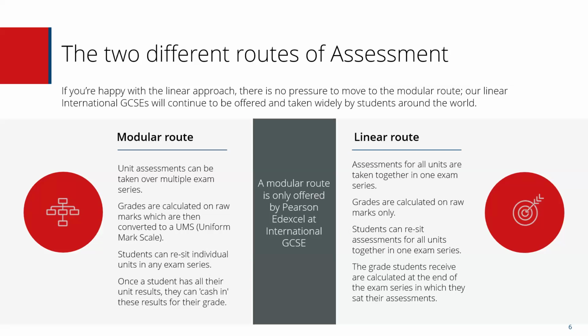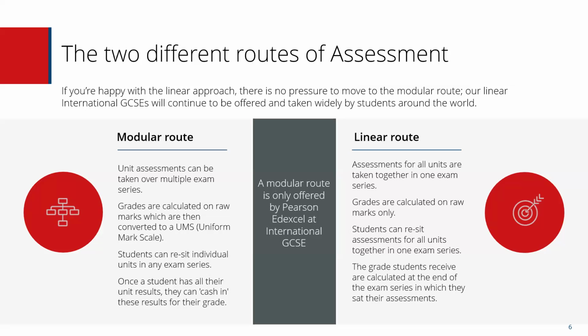So that's not going to change. However, if you believe that the modular route is one that will benefit your existing students, and, you know, what people are saying, it could help you to attract more prospective families to your school, we will support you in moving to this route for the selection of subjects that you do.